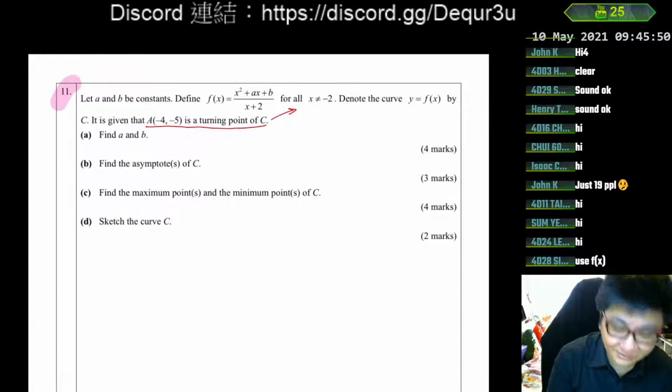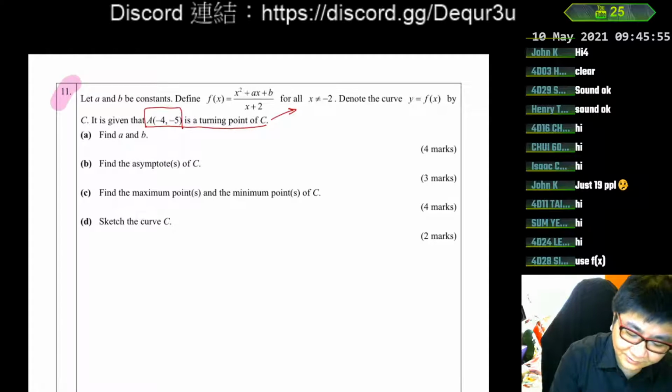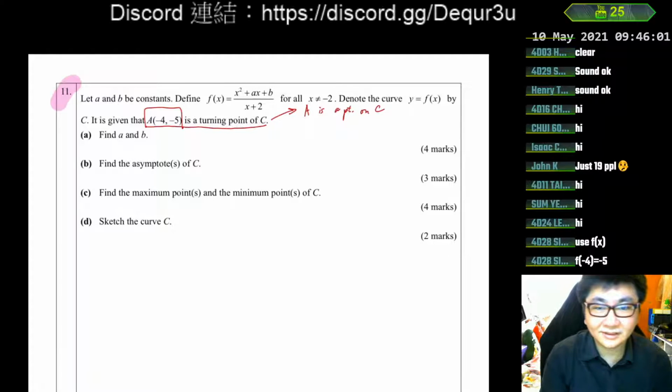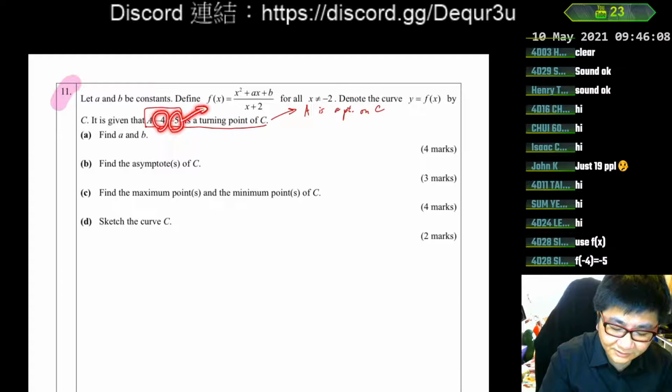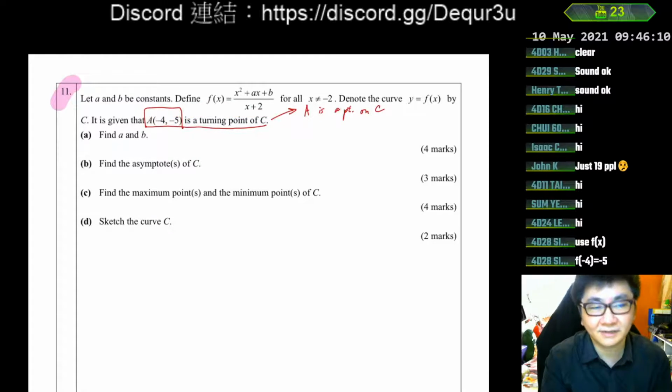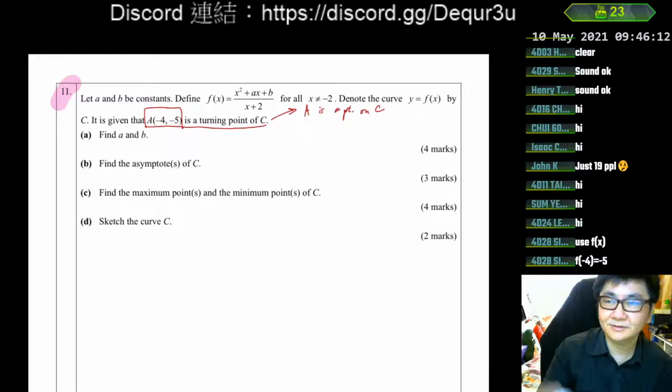Indeed, here are two. First of all, it is a turning point of C, which means A is a point on C. That means the coordinates of A, (-4, -5), put into the equation, will be correct. That's the meaning of a point on the curve.